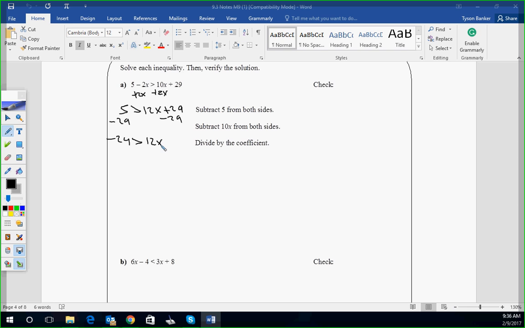Divide by 12. So you don't have to do their steps. They're moving stuff to the left. We're going to avoid that if we can. Negative 2 greater than x, or x less than negative 2. Either works.